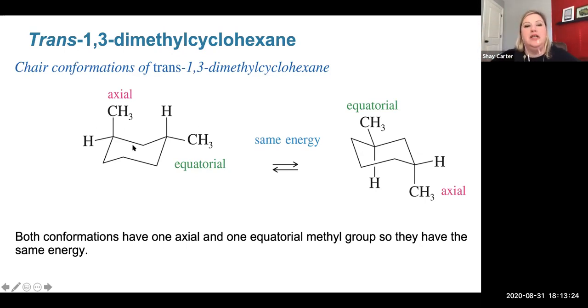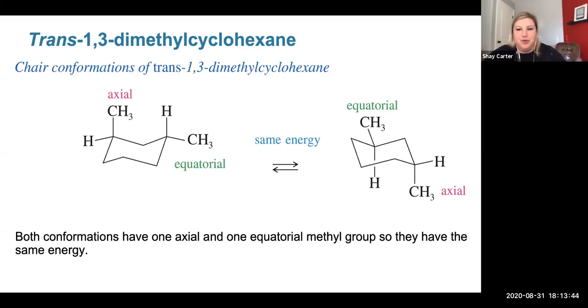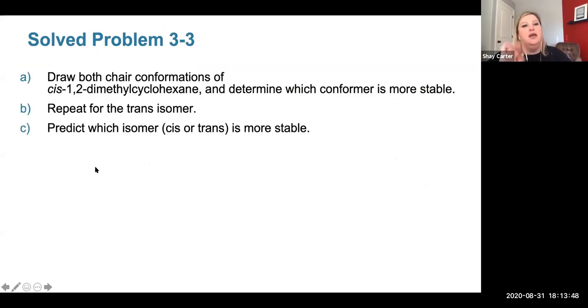Both conformations have one axial and one equatorial because it's trans. So it doesn't matter which one is axial and which one is equatorial because they're both methyl groups. And no matter which way we flip our ring, we can't ever get one out of axial and one out of equatorial. They have the same energy.